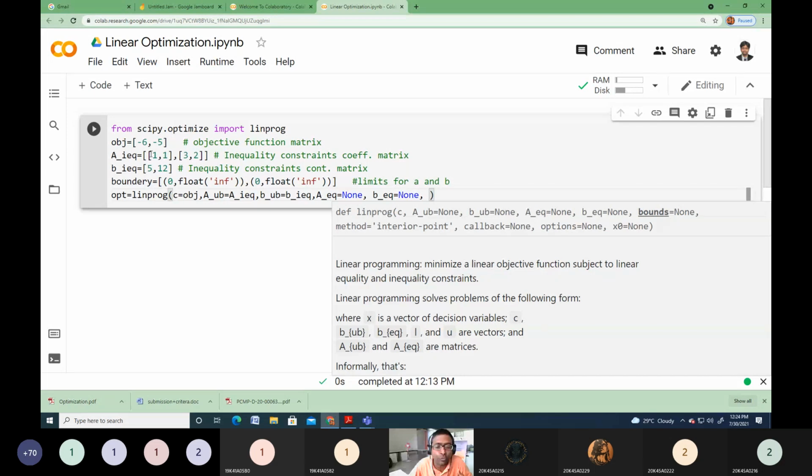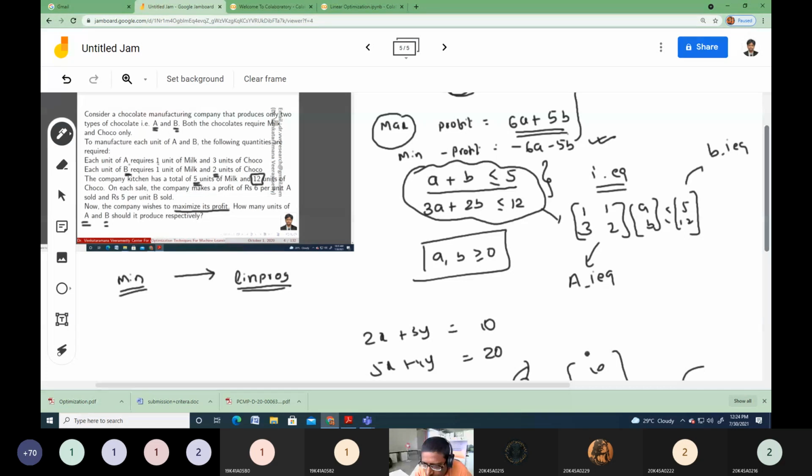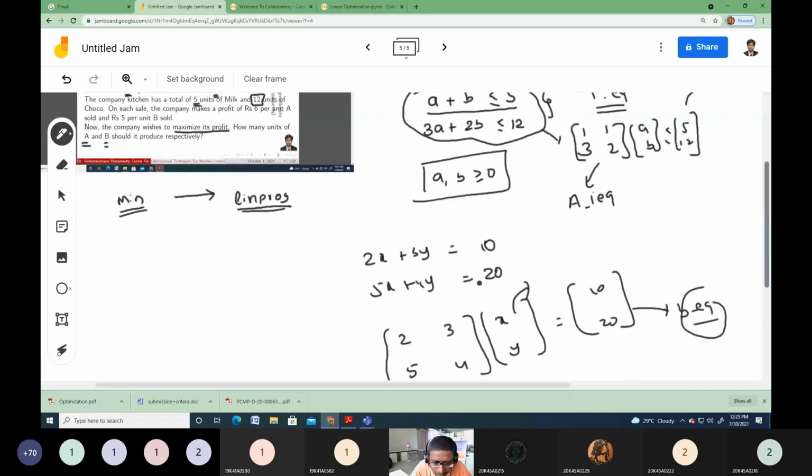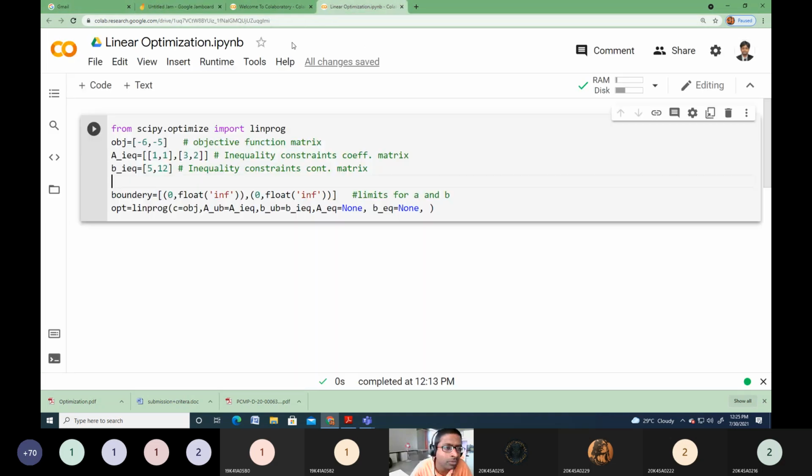If we have an equality constraint, again you have to form some matrix here. For example, suppose the same problem, 2x plus 3y equal to 10, 5x plus 4y equal to 20. Then you have to form it in matrix form. Now this is the coefficient matrix and this is the constant matrix for the equality constraints. So now you have to write one more matrix, you can give any variable name, A_eq equal to.